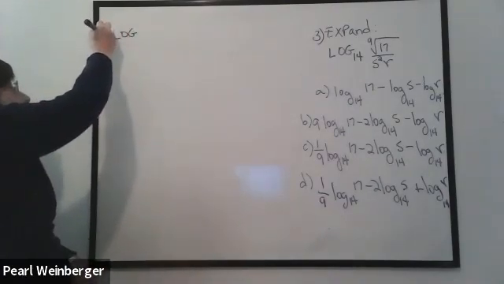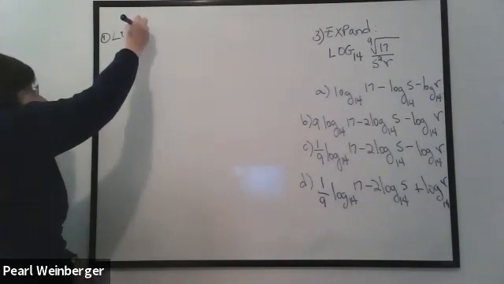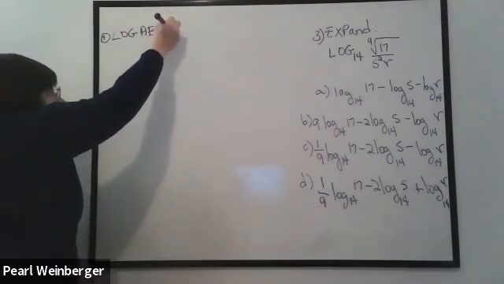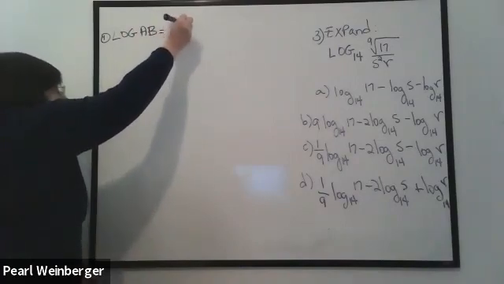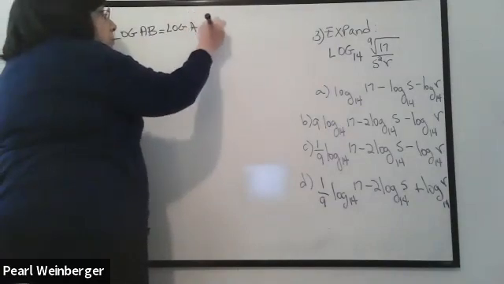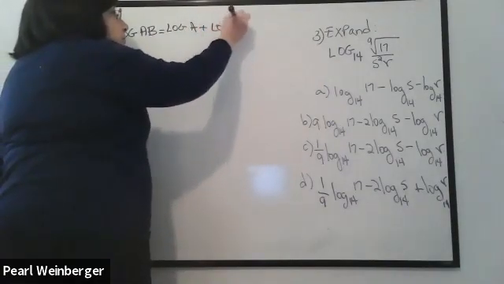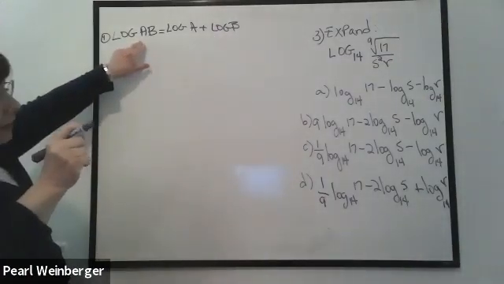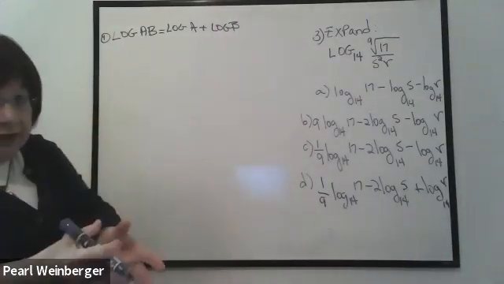The first rule we talked about was that when we multiply numbers, what we do to their logs is we add them. The reason for that is because logs are exponents. We keep saying the log is the exponent.